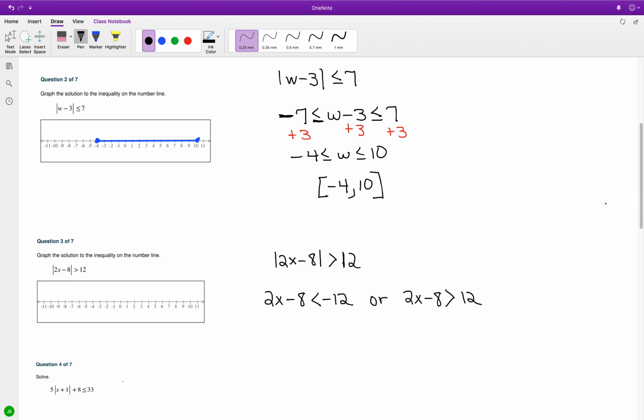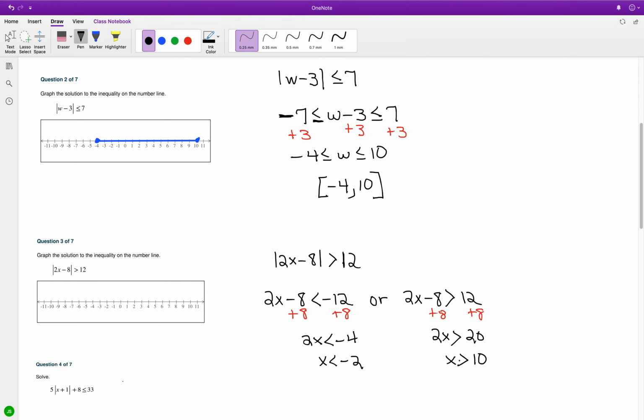So in solving the inequalities, if I add 8 throughout, we have 2x is less than negative 4, so x is less than negative 2. And at the upper end, 2x is greater than 20, and with division by 2, x is greater than 10.